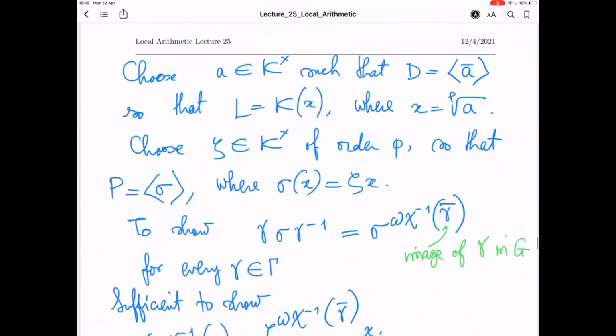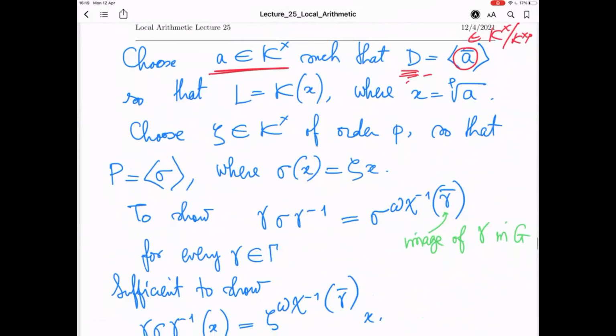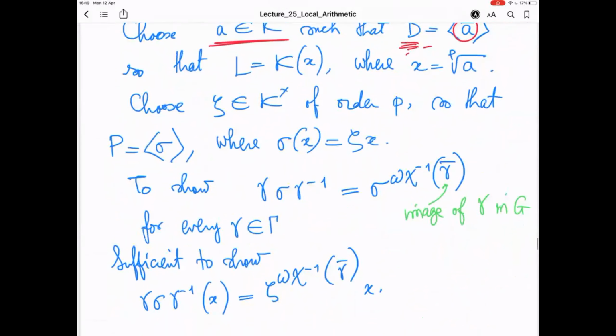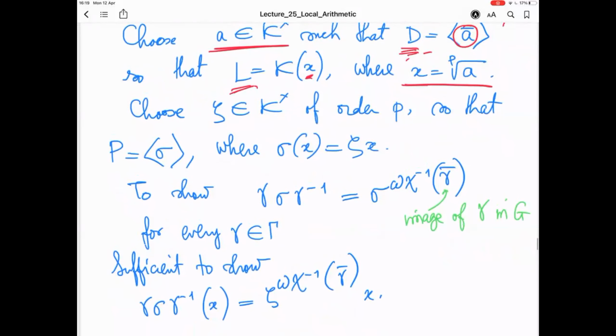Okay. So D is after all a line. It's generated by one element. I choose an A in K star, whose image A bar in K star modulo K star to the power P generates the line D. Okay. And I extract a pth root of this A, adjoin it to K to obtain the extension L. And I also choose a primitive pth root of unity.